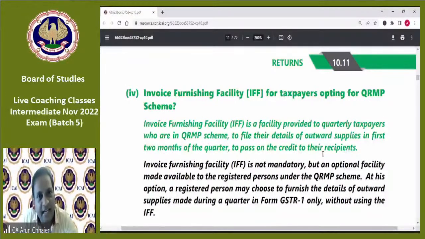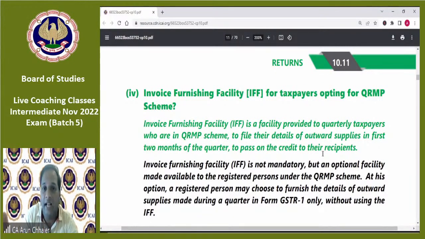In the GSTR1, we will add every transaction, whether it is B2C, B2B, export, zero rated supplies, deemed supplies. But if I have opted for QRMP, quarterly return monthly payment of taxes, I will file the GSTR1 after the end of the quarter.